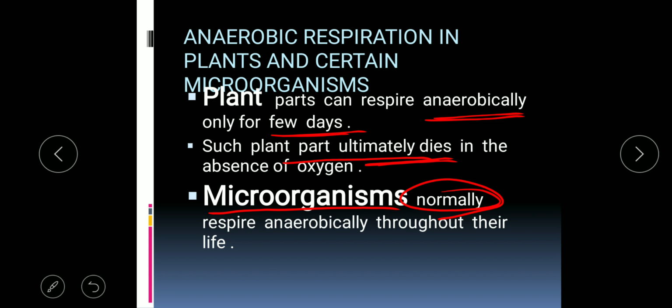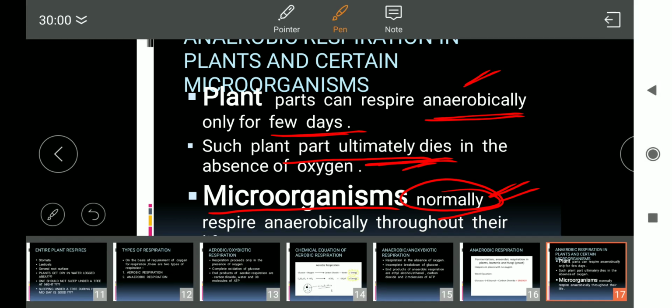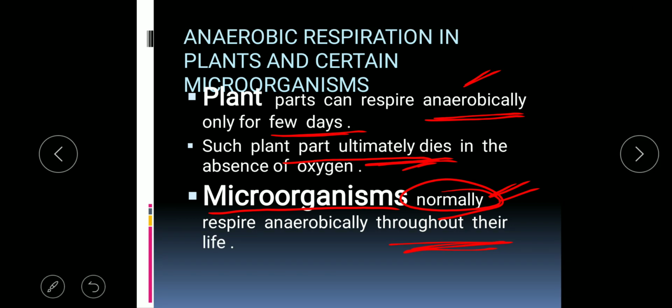In that course of time, the organisms survived due to anaerobic respiration, and those organisms are still there. So those microorganisms respire anaerobically throughout their life, and it is normal for them. It is not normal for plants, and such plant parts performing anaerobic respiration may die in the absence of oxygen.